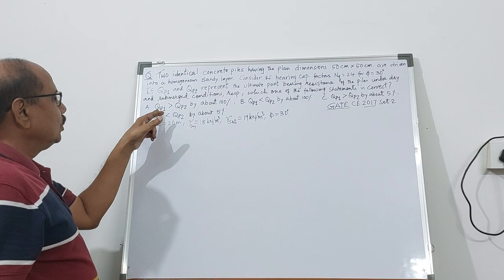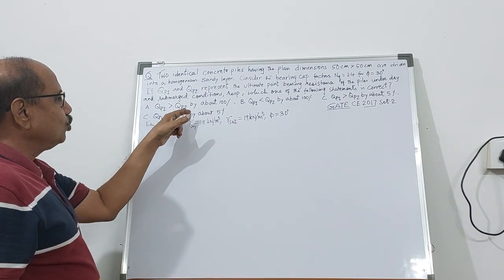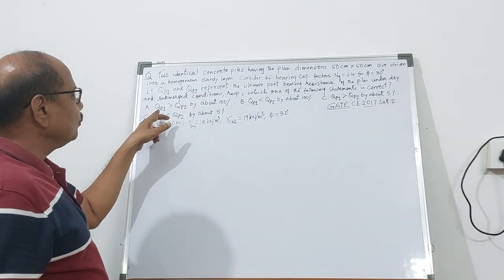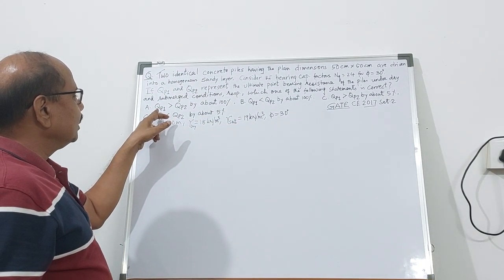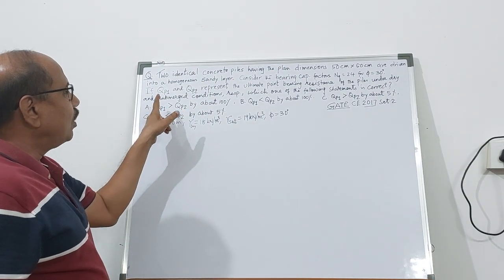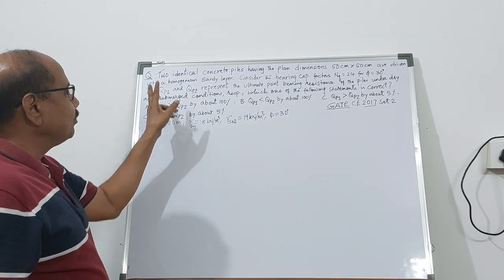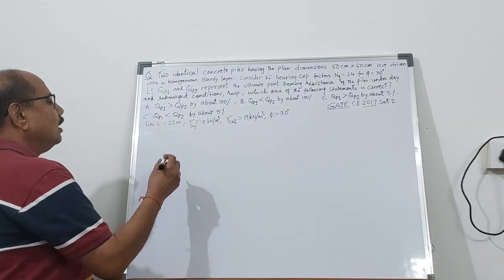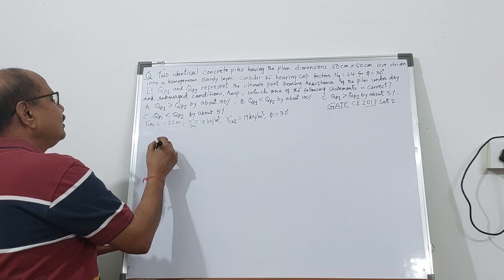A. QP1 is greater than QP2 by about 100%. That means we will have to find out the point bearing resistance QP1 and QP2 for both the piles, and piles are identical. So let us draw the piles.